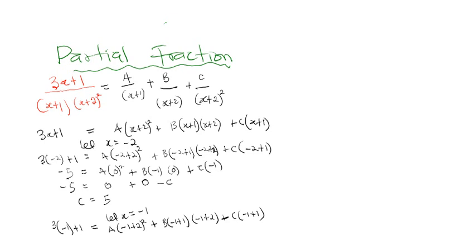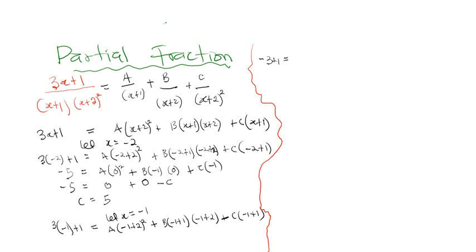Now let's move forward. 3 times negative 1 will give you negative 3, plus 1 is equal to, now let's look at the a, that is a into negative 1 plus 2.